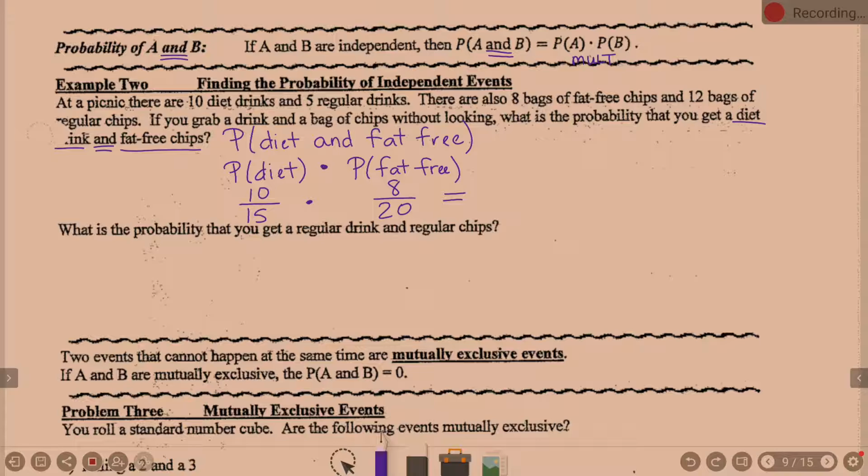But 10/15ths, 10 and 15 both divide by 5, and so it reduces to 2/3. 8 and 20 both divide by 4, and so 8/20 reduces to 2/5.